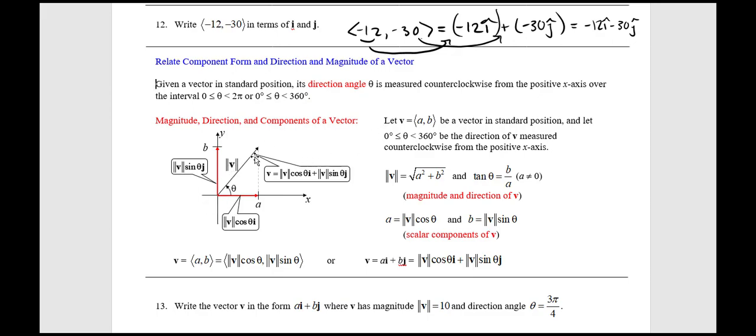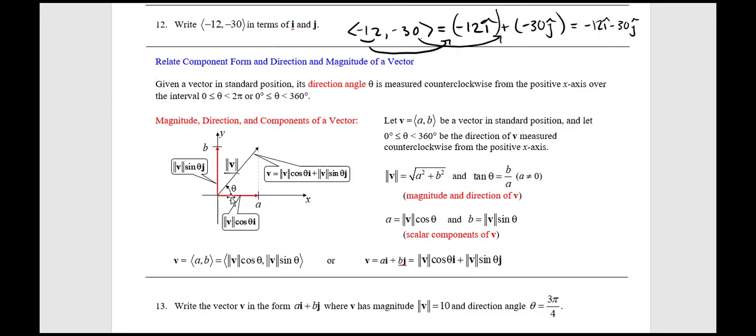So let's think about this vector. Let's think of this vector v as having components a, b in standard position, and we have this angle theta that gives the direction of that vector. It's measured from the x-axis as usual. Then notice if we just label the length of this vector as magnitude v, like it is here, we can describe both the x and y components, the horizontal and vertical components of our vector, how far over and up we have to go to get from start to end of our vector, with trig.